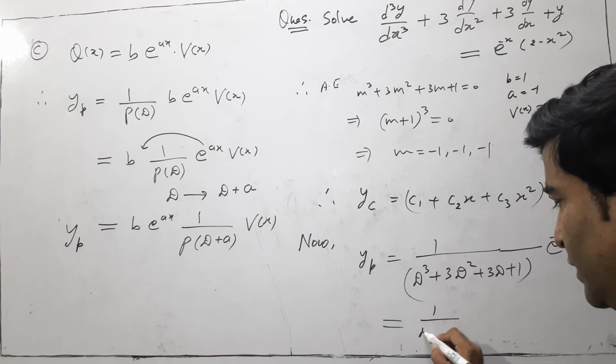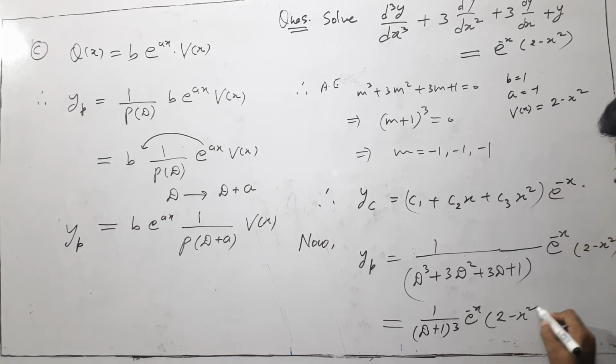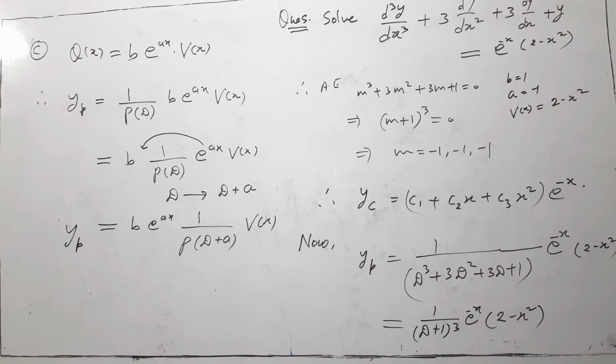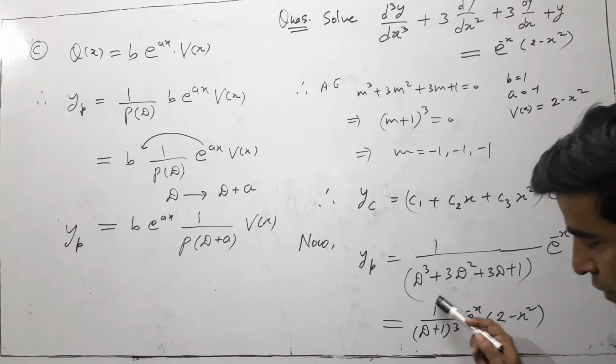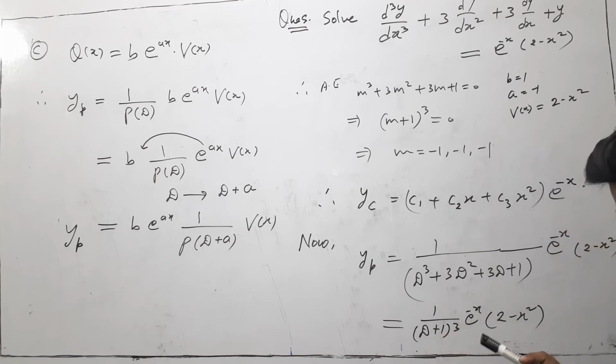This can be written as 1 upon (D plus 1) whole cube operating on e to the power minus x (2 minus x square). Now we take e to the power minus x outside of this operator, and replace D by D plus a, where a is minus 1, so we replace D by D minus 1.